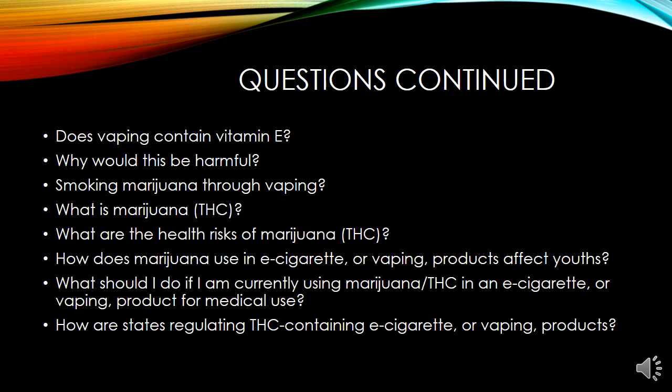States typically conduct various levels of testing of products, including testing for potency, contaminants, metal, pesticides, and pathogens. Both THC-containing and nicotine-containing e-cigarette or vaping products purchased legally within states might also contain harmful substances. It is difficult to know what is in these products. Full ingredient lists are typically not available.